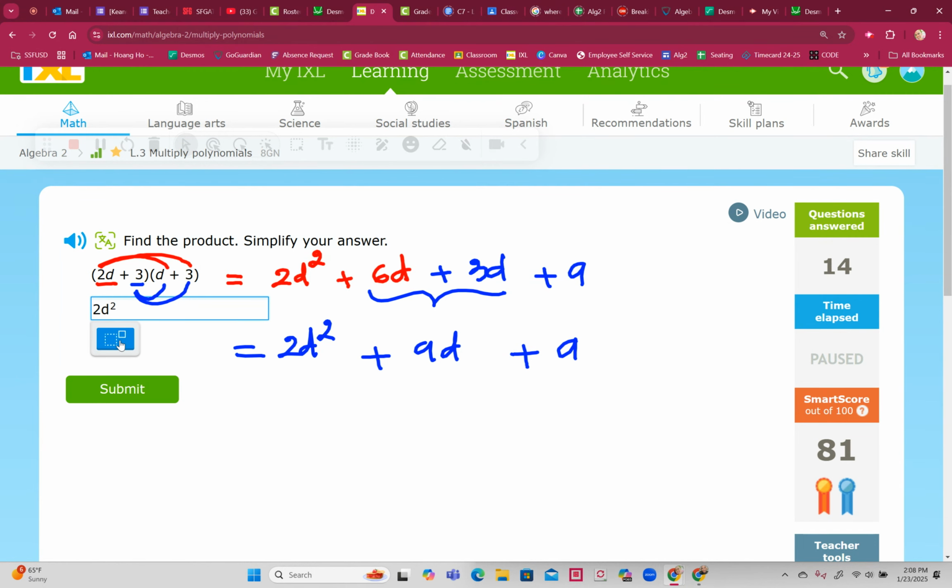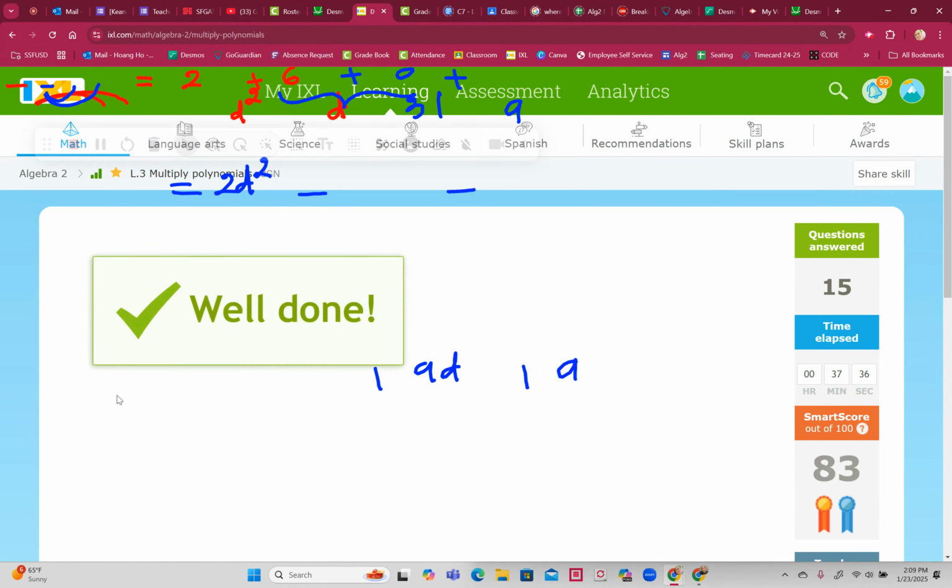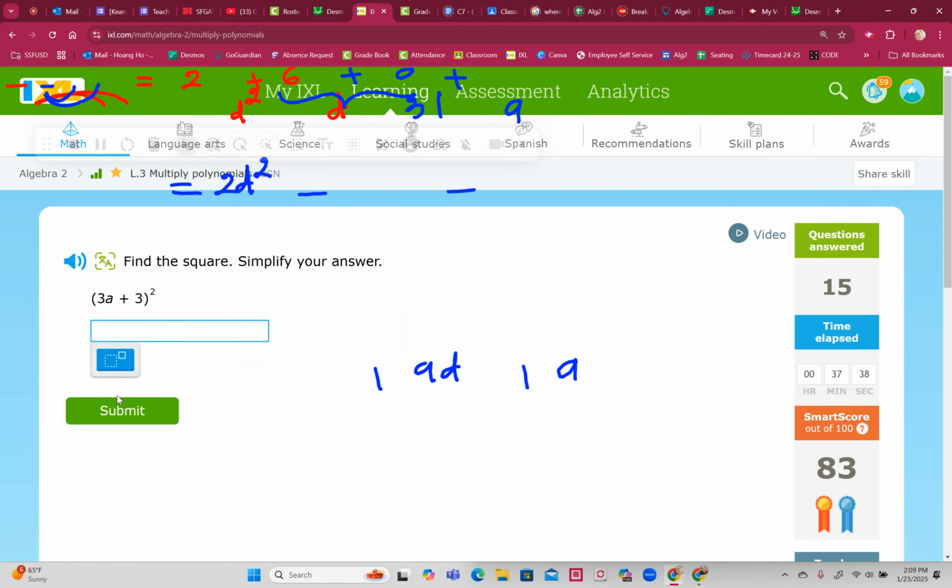I continue to put plus 9D. Do not put any space. And then plus 9. When you do it like that, your answer is always correct. When you do the handwriting, you can leave a little space. But when you do the typing, no space.